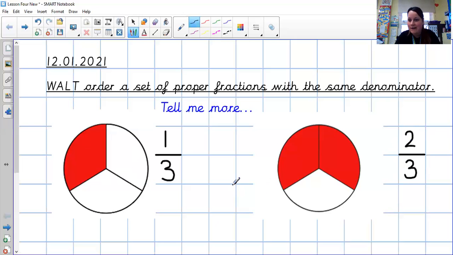If you imagine it's a nice chocolate cake, I've picked chocolate because that's my favourite, I would rather have 2 out of the 3 equal parts than 1 because I'm going to get more cake, okay? So I am going to show that 2/3 is greater than 1/3 by using my comparing symbol. So this shows that 2/3 is greater than 1/3 and 1/3 is less than 2/3, okay?